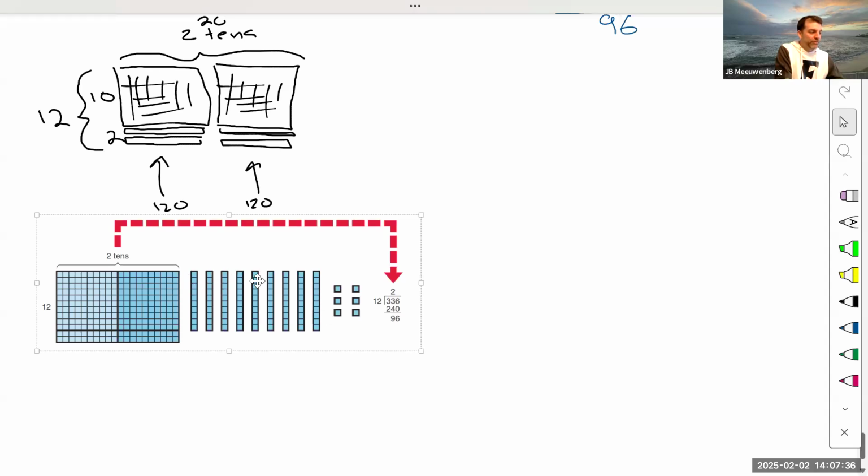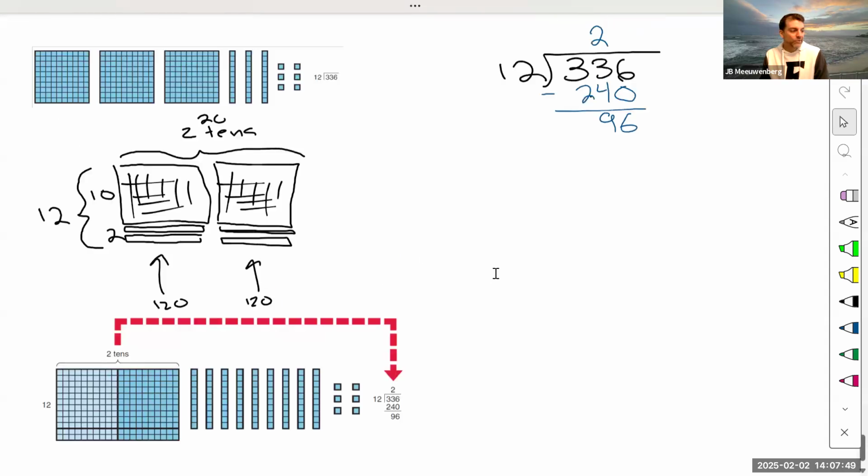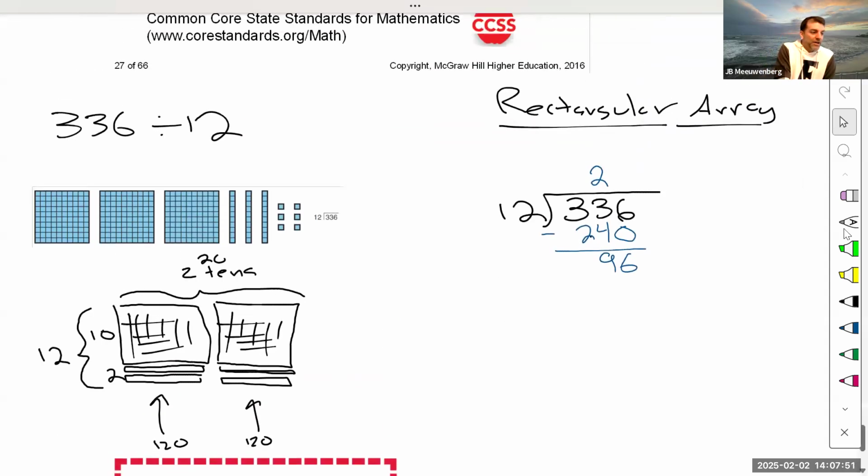We've got 1, 2, 3, 4, 5, 6, 7, 8, 9, and 6. That's where that 96 comes from. So now we go ahead and do the next step in our long division. What is that? Well, it is seeing how many of those 96 can continue to fit in these stacks of 12.